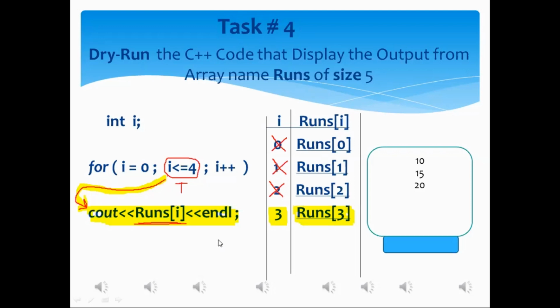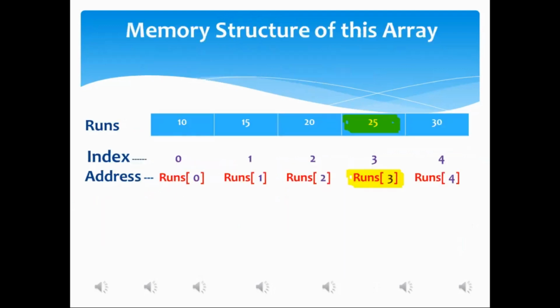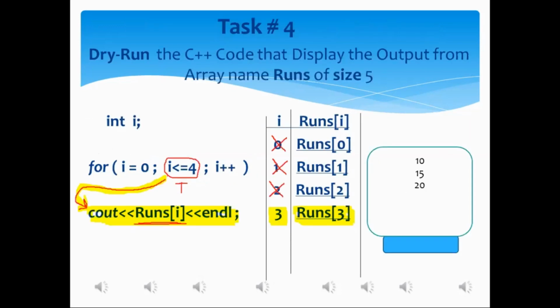Okay, to see what has been stored in the fourth memory location, I take you to the virtual wizard, to the memory structure of the array. What has been stored in the fourth memory location of the array? 25, sir. It means 25 will be displayed onto the monitor as a result of the cout statement.